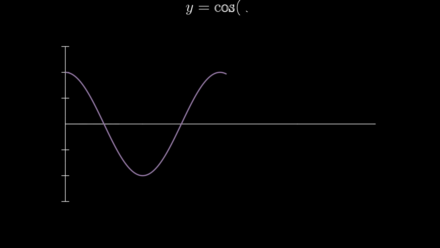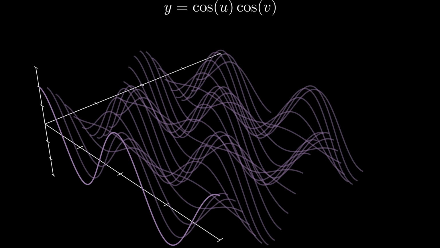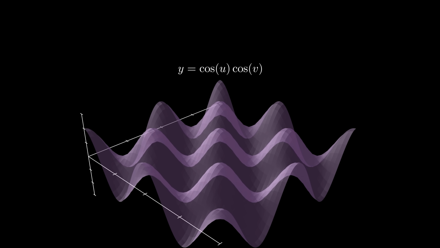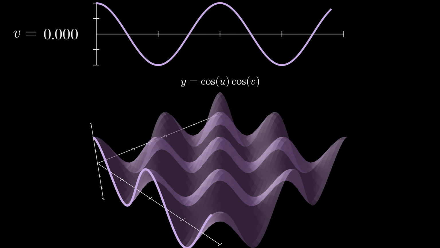And the same goes for functions. A function with one input forms a single line. 2 inputs form a stack of lines, a surface. However, rather than visualizing the entire surface all at once, we can instead view a single slice of that surface in a lower dimension, one line at a time.